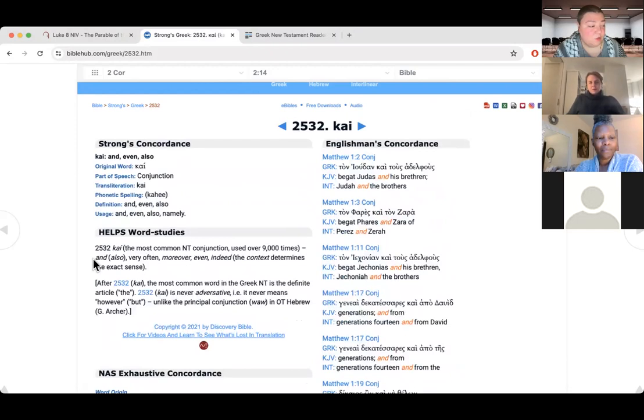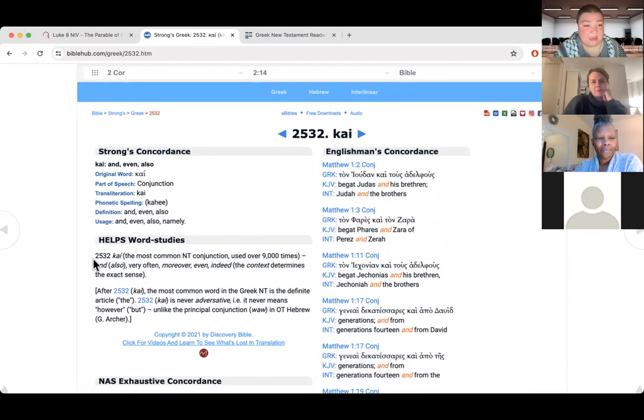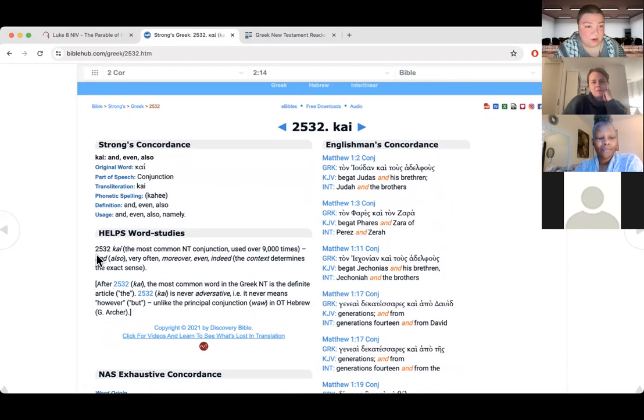Kai is the most common New Testament conjunction, that it can mean and, also, very often, moreover, even, and indeed. So right here, that's what that tells us. Then we're told kai is never adversative. It never means however or but, unlike the principal conjunction, which is vav in Old Testament Hebrew.